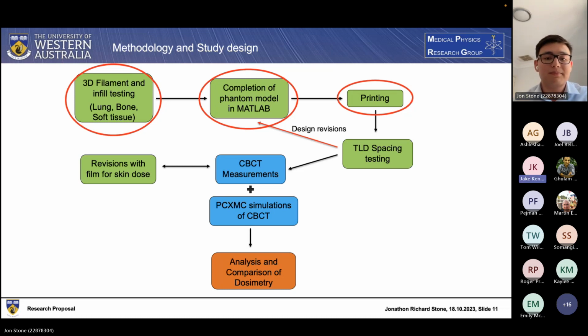Talat, do you want to go ahead? Yes, thank you for this very nice presentation. It's a unique way to do this. Just a quick question. When you do PCXMC simulations, you normally give the atomic composition of the material.